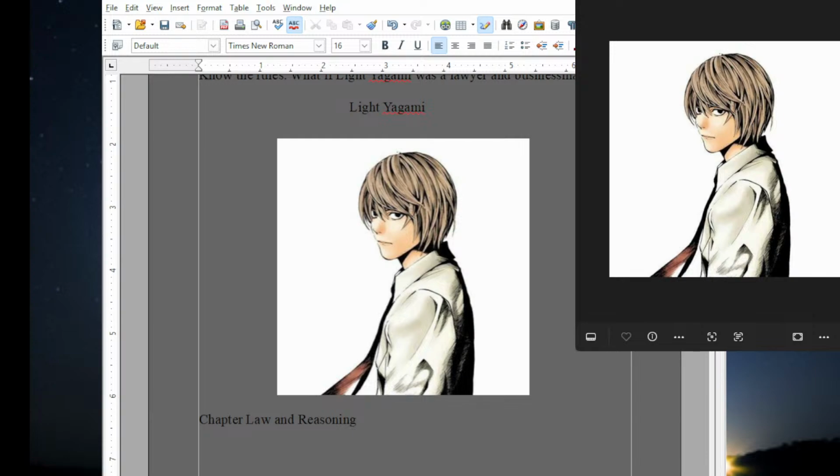Alright, should work on my memory. Good idea. A threatened penalty for disobeying or breaking a law or rule.